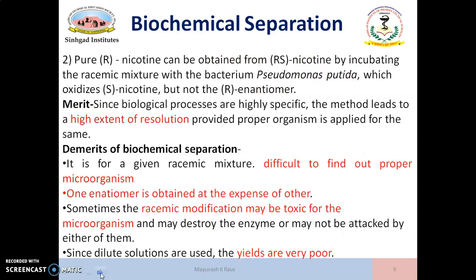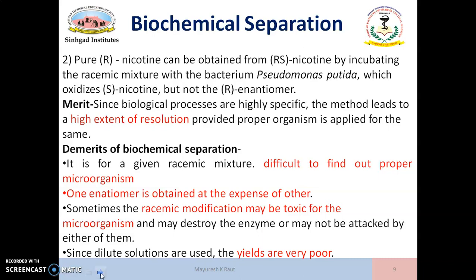There are some merits and demerits of biochemical separation. Merit of biochemical separation is it is highly specific method. Why? Because we know that enzymes are nothing but biocatalysts, and there is high extent of resolution. The demerits of this method is it is difficult to find out proper microorganism and one enantiomer is obtained at the expense of the other.